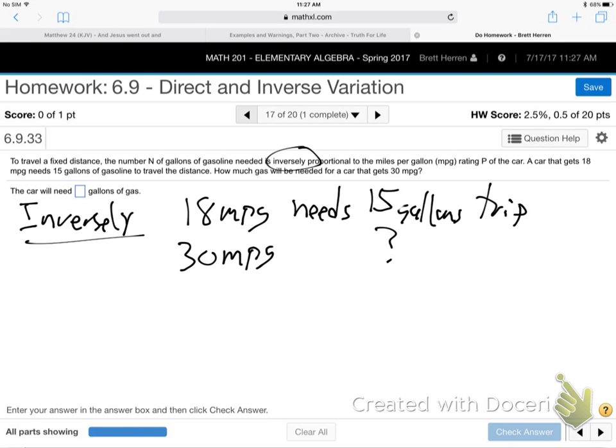So, how are we doing? 18 times 15 is 30 times x. Are we good there? Does that make sense? Because inversely it's side by side.